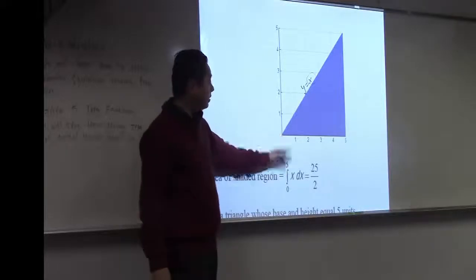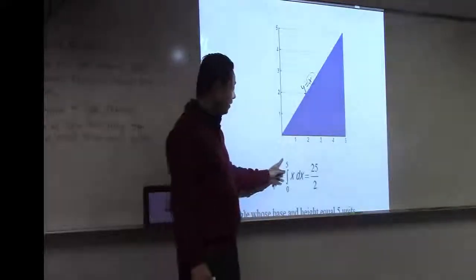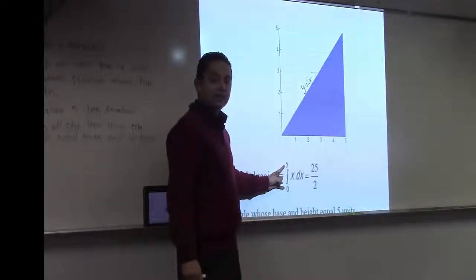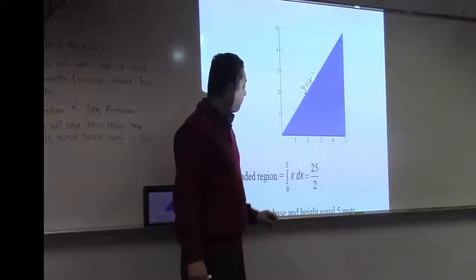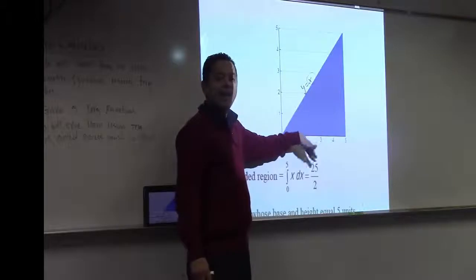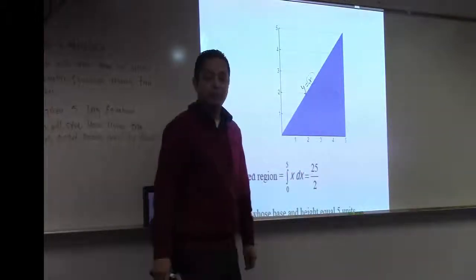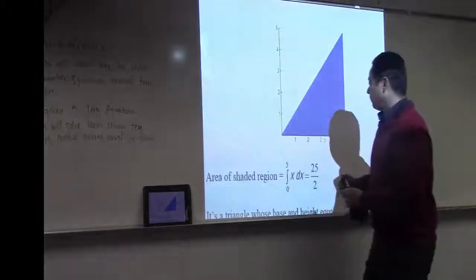In future lessons we're going to switch them to y's, but for this particular lesson, they are x's. Okay, so that's the starting point and that's the finishing point. Put them there, and whatever function you have in here, that's the graph. And then that area would be actually the answer for that particular integral.